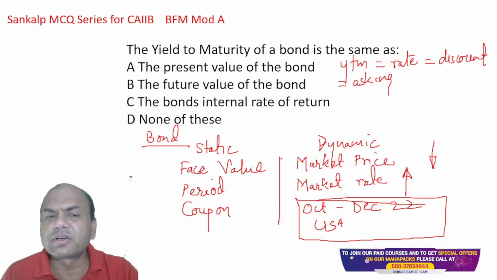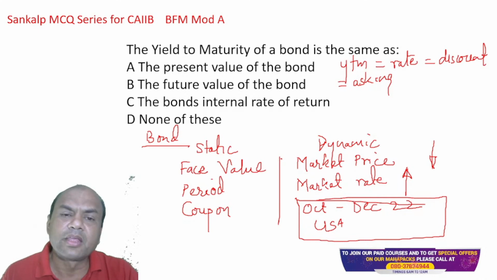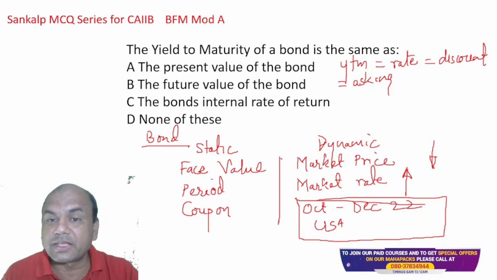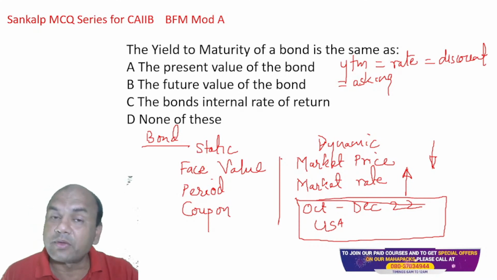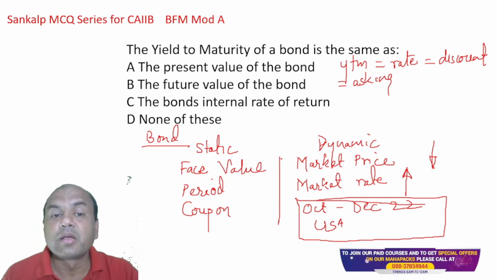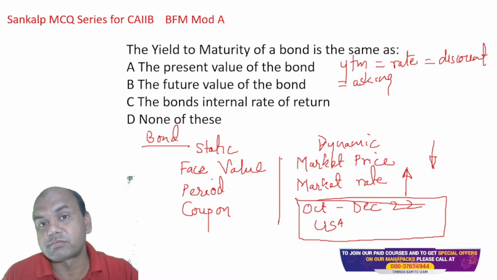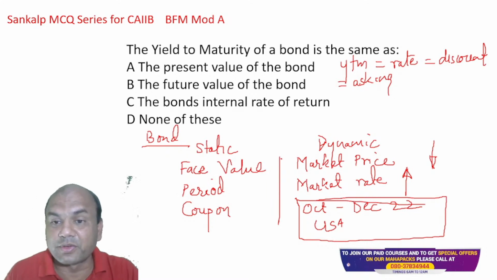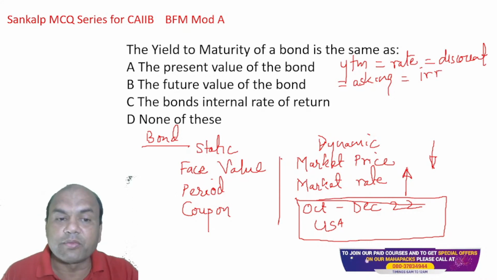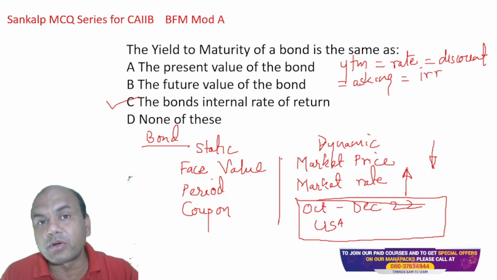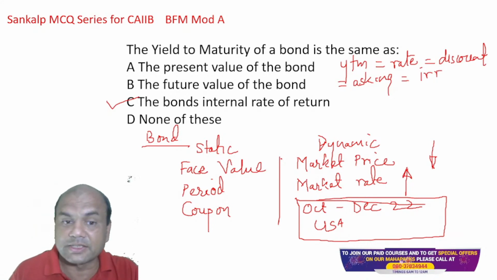So what is this equal to always? Remember, the present value formula is totally different. The future value formula is also different. The bond's IRR, internal rate of return, is what YTM is. So what is YTM? YTM means when I buy any bond and keep it up to maturity.